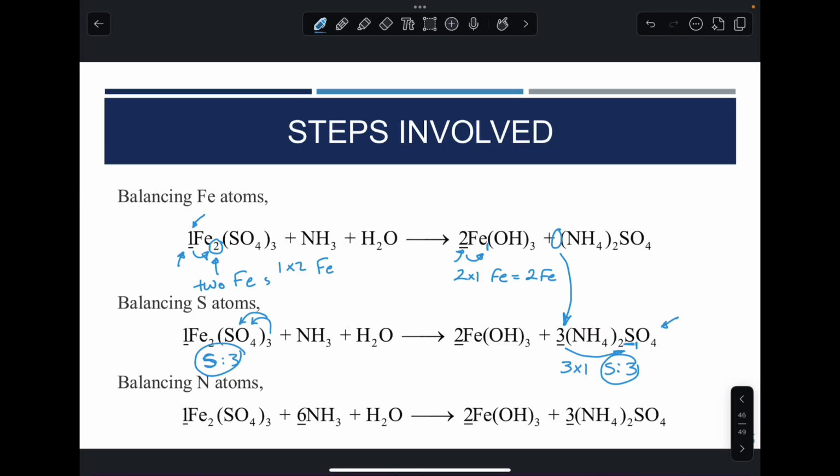So let's continue. Nitrogen, we're doing the exact same thing. There's a 1 here that's not shown, so that's 6 times 1. That gives us an N of 6 by multiplying that. Over here, the subscript is outside of the parentheses, so we'll multiply everything by 2 in there.